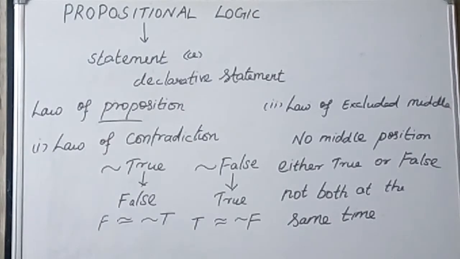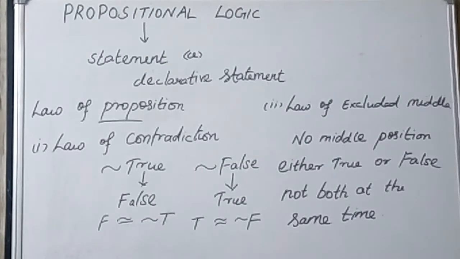Suppose something is not true, then automatically it is false. So false is equal to not true. Similarly, if something is not false, then automatically it has to be true. So true is equal to not false. This is the law of contradiction.